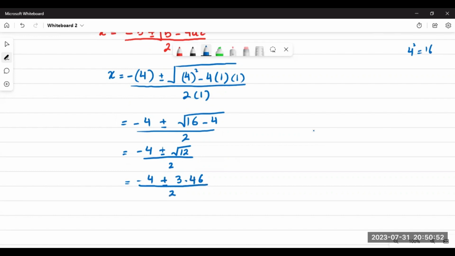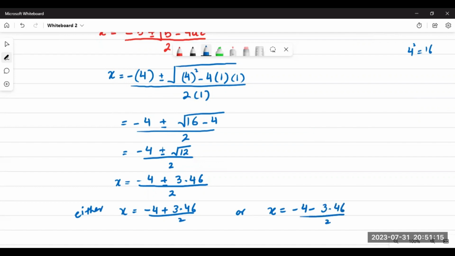Next, you have to write either x is equal to negative 4 plus 3.46 over 2, or x is equal to minus 4 minus 3.46 over 2.